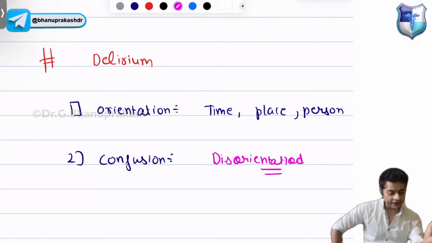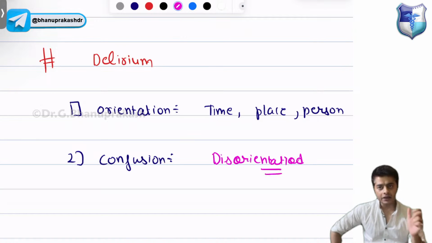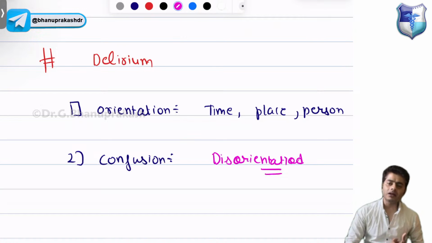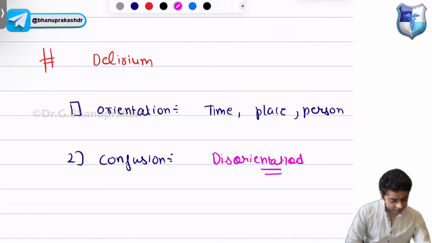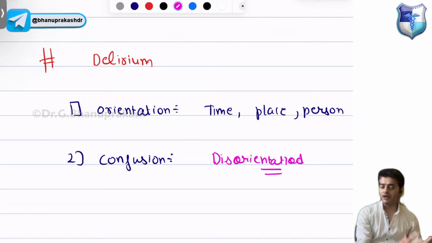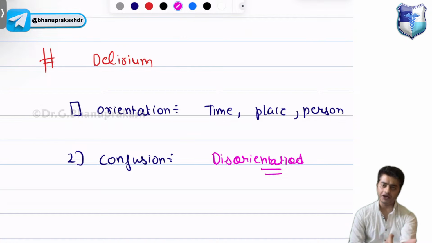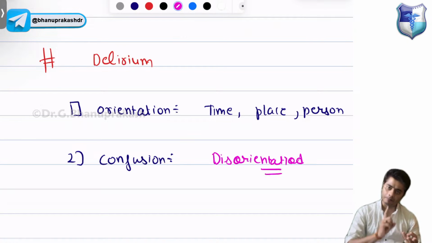Time is 8:25 p.m. Place, I am in Delhi. Person, I am Nishant. This is orientation. Next is confusion. We call the person confused when this person is disoriented, when this person is not oriented to time, place, and person.